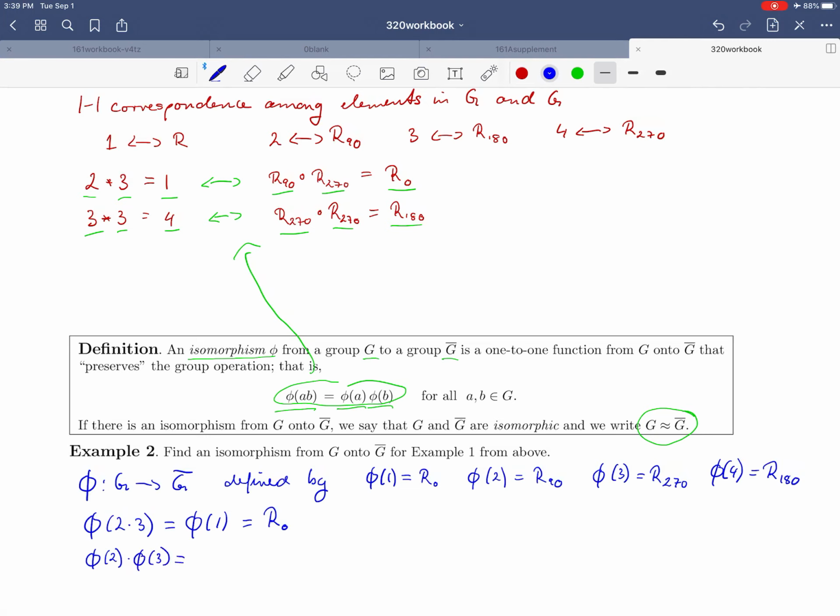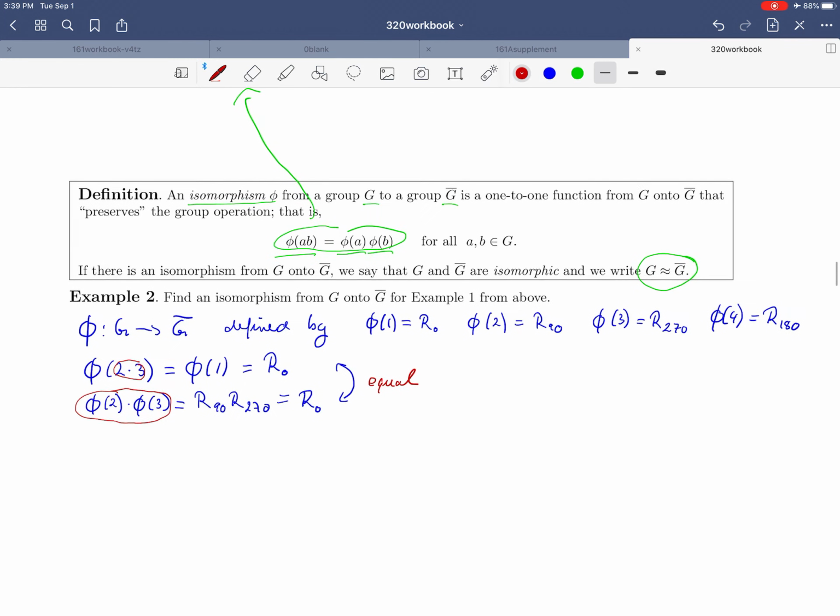Phi of 2 is R90, going back to my isomorphism. Phi of 3 was R270. When I compose those 2 with each other, I get R0. It didn't matter whether I did the group operation in G or in G bar, the outcome is the same. I get equality of those 2 things.